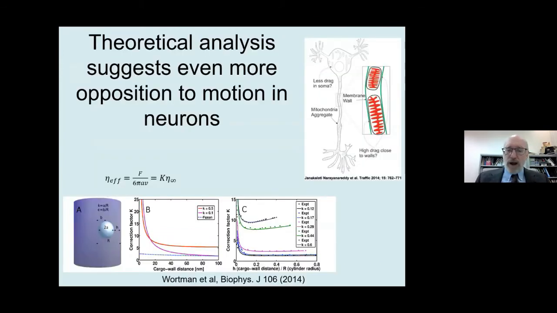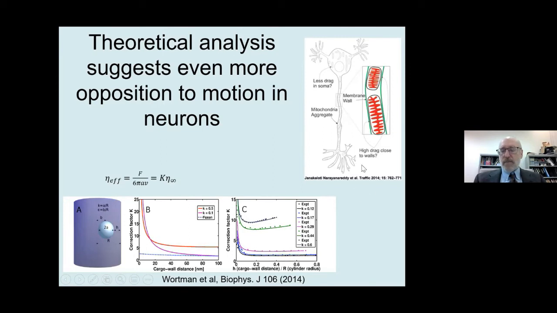What we do know as well is that Babu was able to show that if we look at mitochondria moving in neurons, there's drag on the mitochondria because they're basically close to the cell wall. And so we studied that theoretically with Wortman et al., and that was in Biophysical Journal.